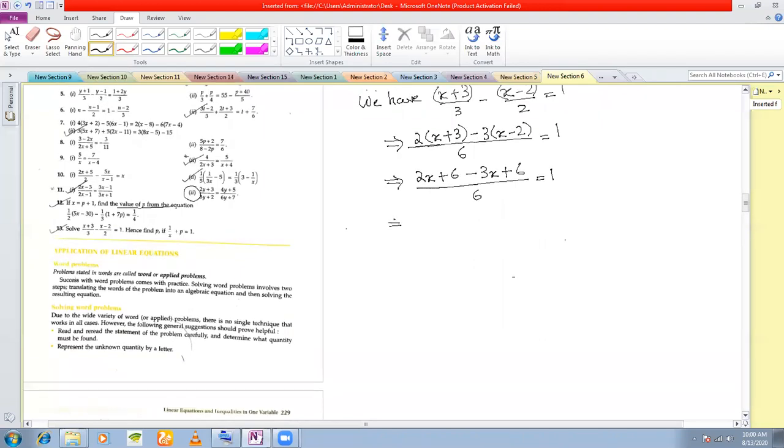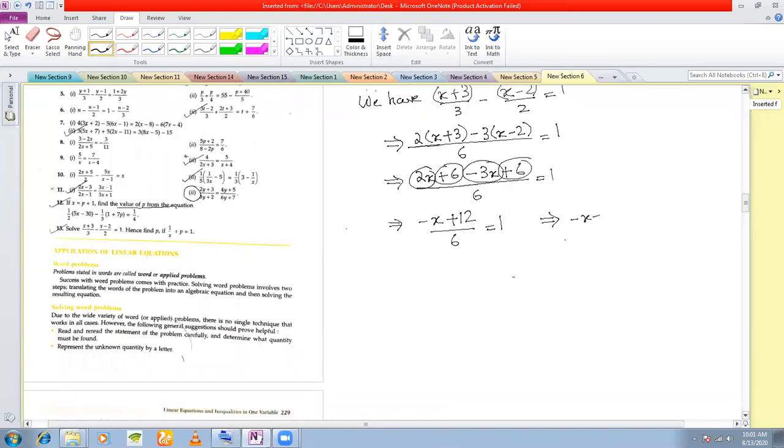Next we simplify this: 2x minus 3x gives you minus x, and plus 6 and plus 6 will give you plus 12, divided by 6 is equal to 1. Now you cross multiply.